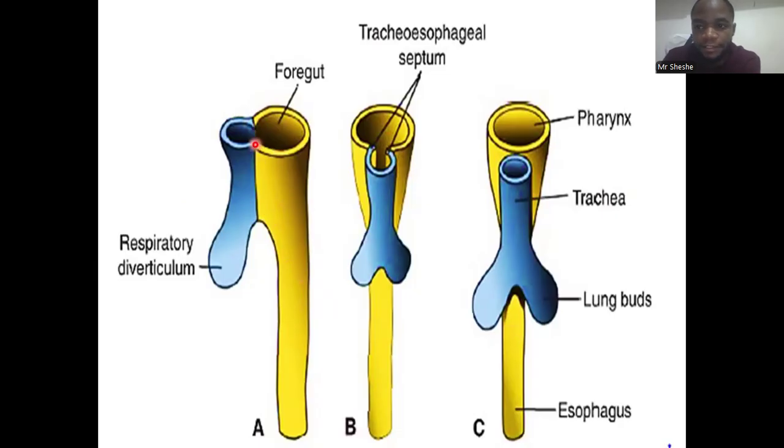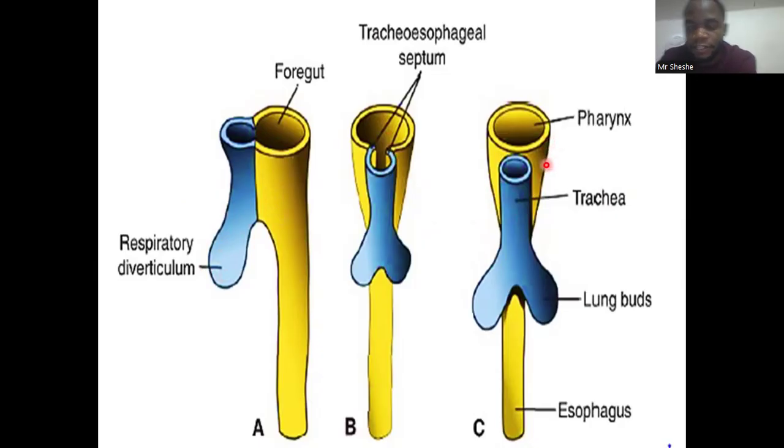Anteriorly will be the trachea, the one shaded in blue, then posteriorly will be the esophagus. This is the future trachea, and you can see the respective diverticulum. This structure later develops into the lungs, but our focus is on the esophagus. The ridge continues to emerge from either side until there's complete separation between the trachea in front and the esophagus at the back.